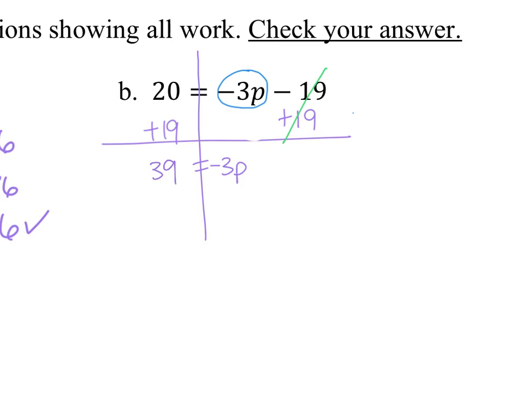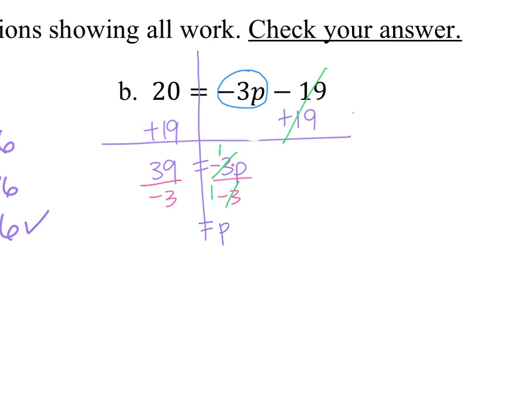We've got this -3 multiplied by p. So to undo multiplication, we divide. We're going to divide by that coefficient because I want the coefficient to be 1, so I'm going to divide each side by a -3. On the right side, the -3 divided by -3 is just 1, or that reduces to just 1p, or you can just write p.